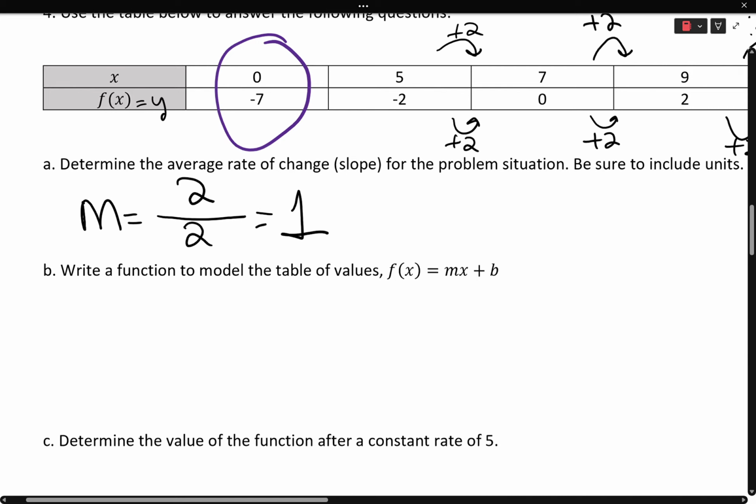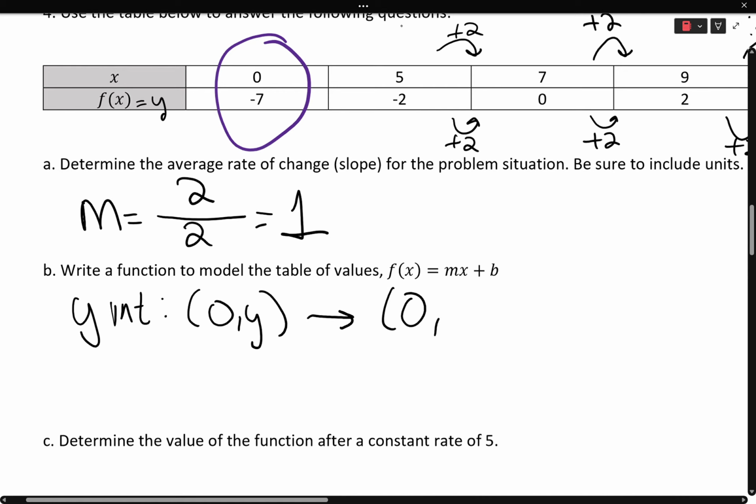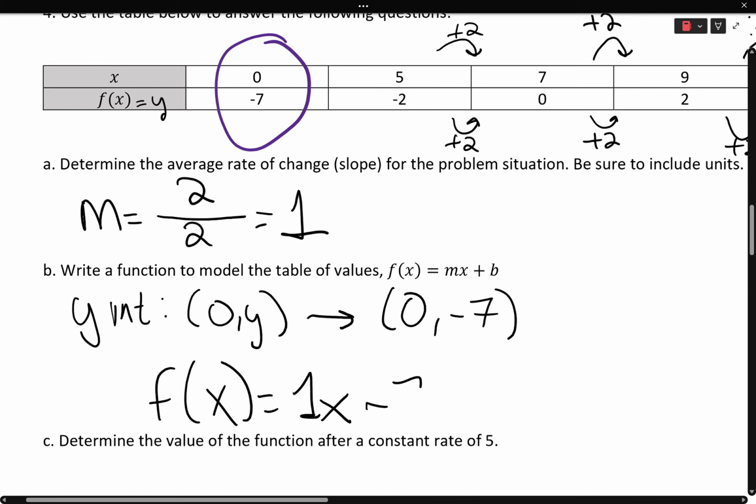To model the function, we first need to identify the y-intercept. And the y-intercept is whenever x is 0, and that happens to be that extra point I added in, 0, negative 7. So our function is 1x, or just x, minus 7.